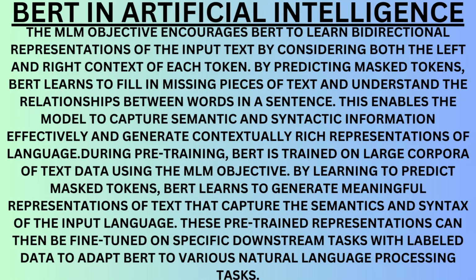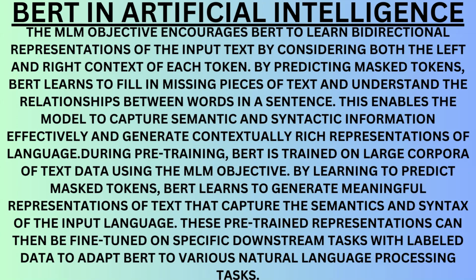By predicting masked tokens, BERT learns to fill in missing pieces of text and understand the relationships between words in a sentence. This enables the model to capture semantic and syntactic information effectively and generate contextually rich representations of language. During pre-training, BERT is trained on large corpora of text data using the MLM objective.